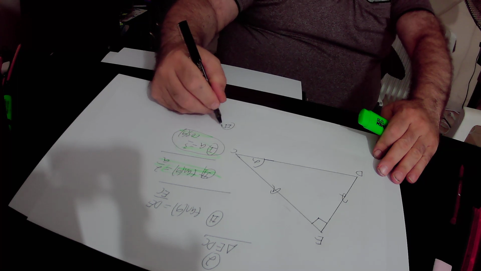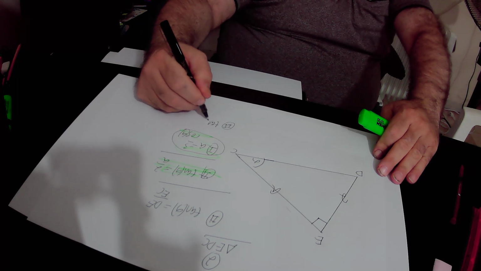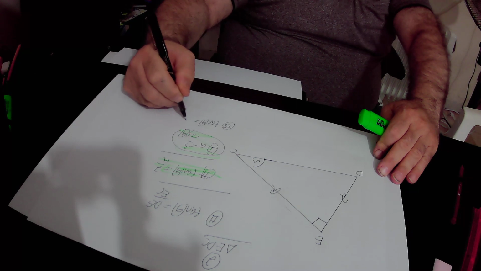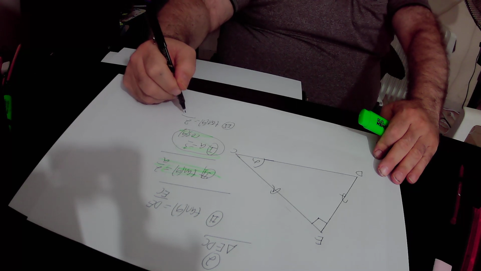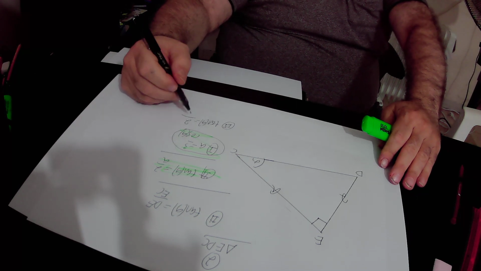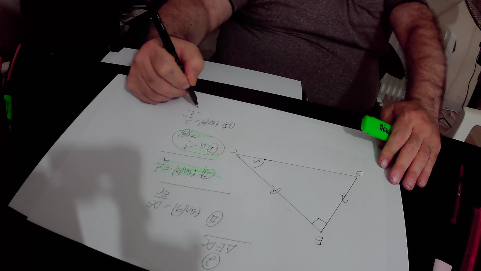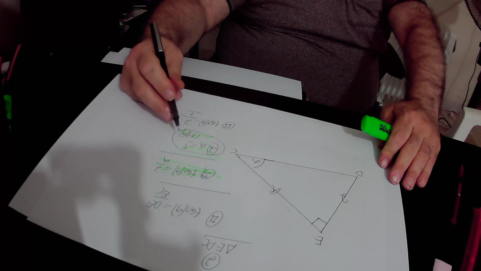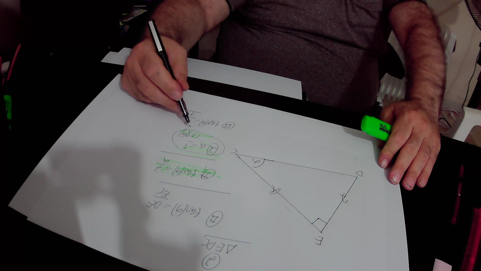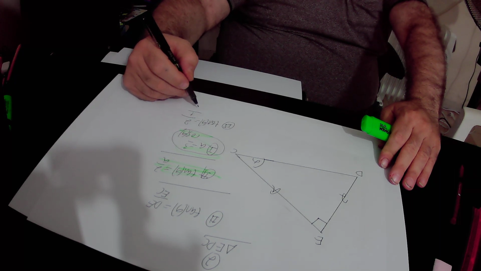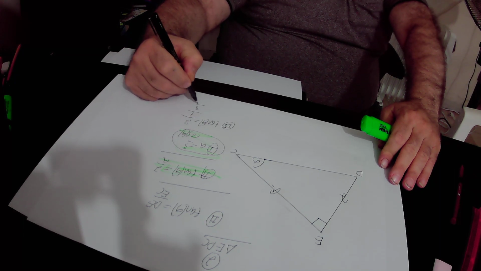We'll do it now and we'll get that according to equation number 2, tangent alpha equals 2 over A, but A, according to equation number 1, equals 3 over cosine alpha. So we'll substitute A in equation number 2 by 3 over cosine alpha from equation number 1. Very simple.